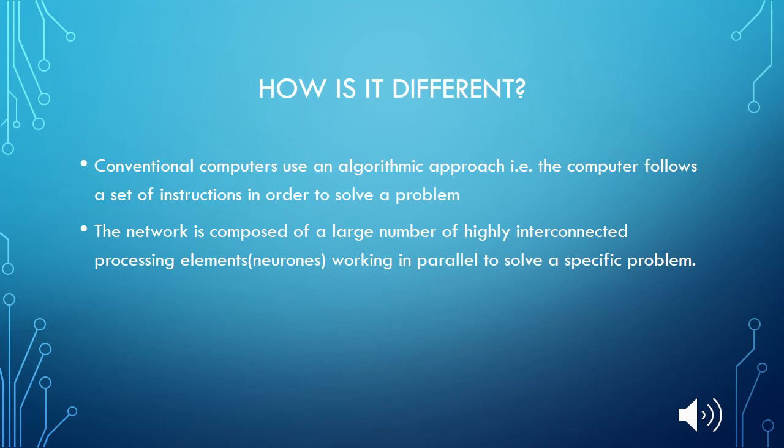Because traditional computing, with the algorithmic approach, is really good with doing things like arithmetic, like I said earlier. Whereas with more complex tasks, you might want to teach a neural network to do it in order to perform at maximum efficiency.